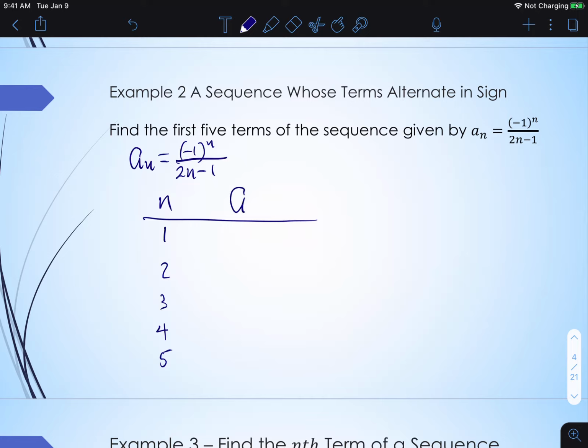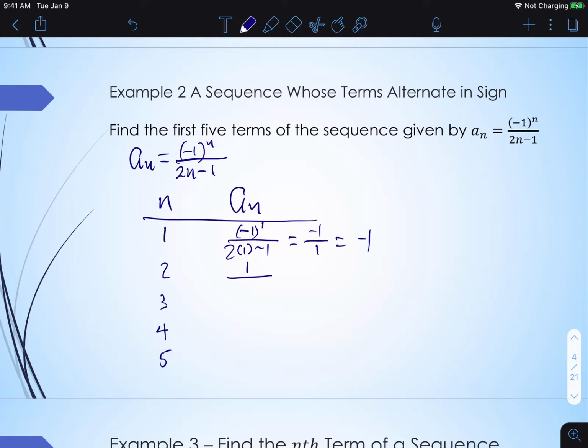So here's a sub n, and we're going to say negative 1 raised to the 1 power over 2 times 1 minus 1. So that's just going to be negative 1 over positive 1. That's negative 1.